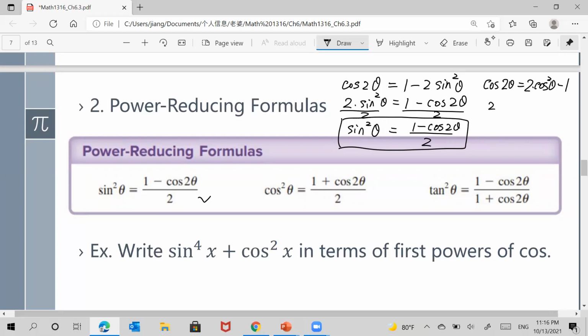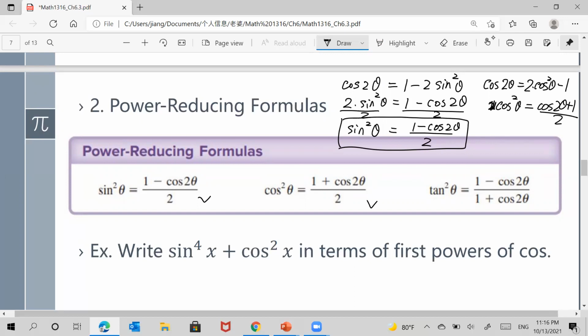So I have 2 times cosine theta squared equals cosine 2 theta plus 1. I want a single term, so divide by 2. That's cosine 2 theta plus 1 over 2. 1 plus cosine 2 theta or cosine 2 theta plus 1 is the same.